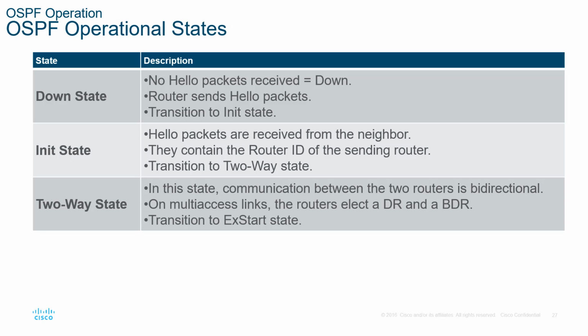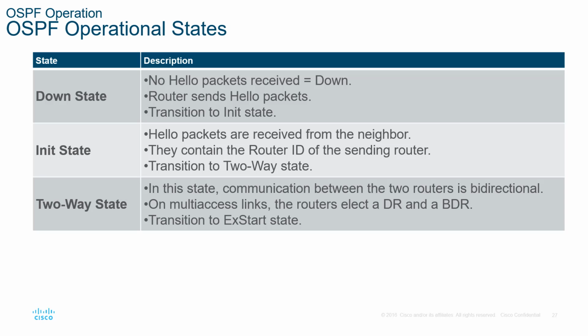The two-way state allows for communication between two routers bidirectionally, assuming a multi-access link like Ethernet, and they will start electing a designated router and a backup designated router.